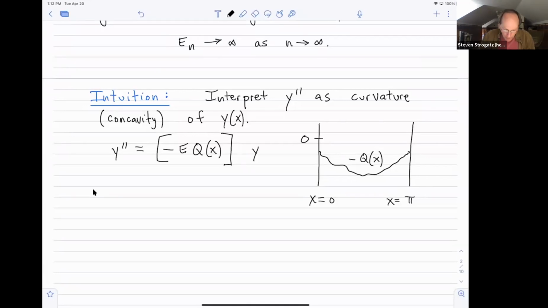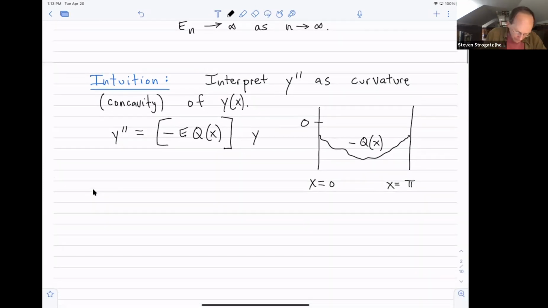And then that is multiplied, and we're also multiplying it by e. So if we think of e as positive, then when y is greater than 0, we will have y double prime less than 0.